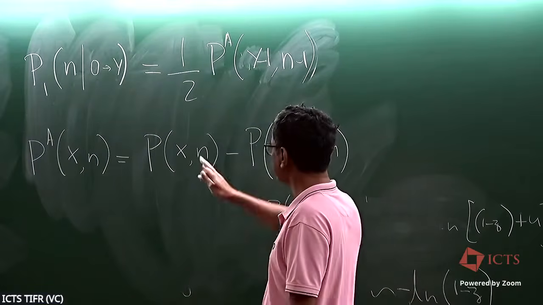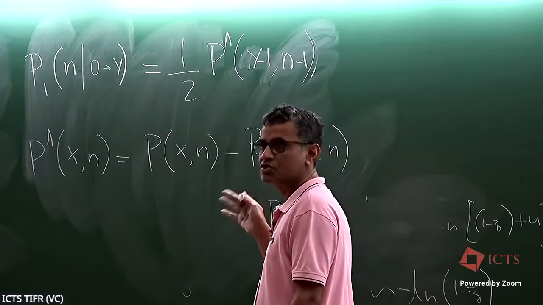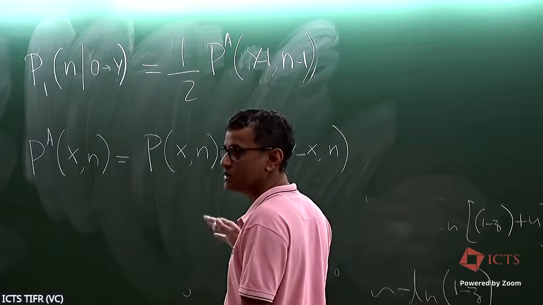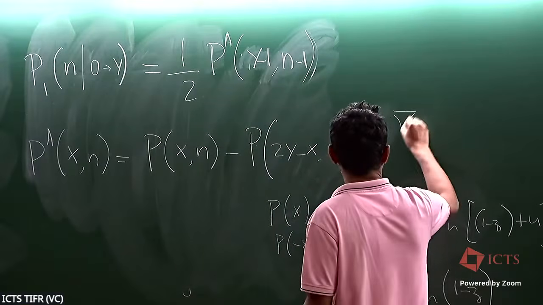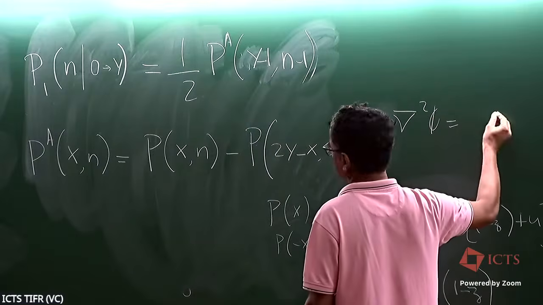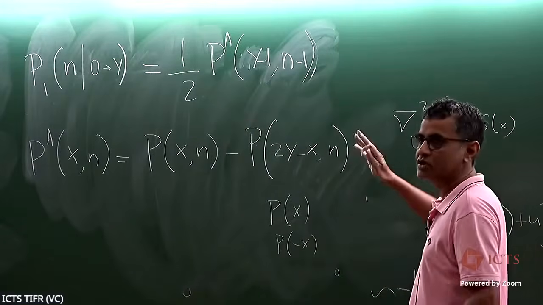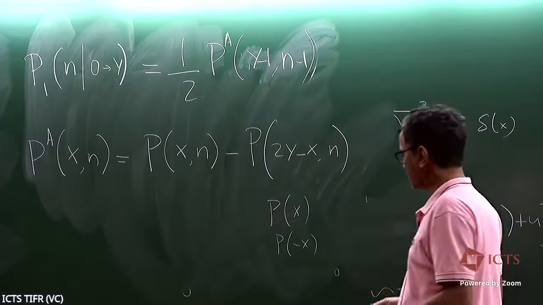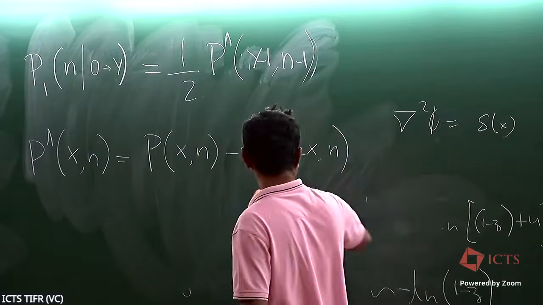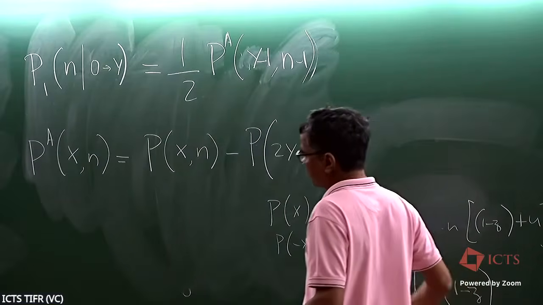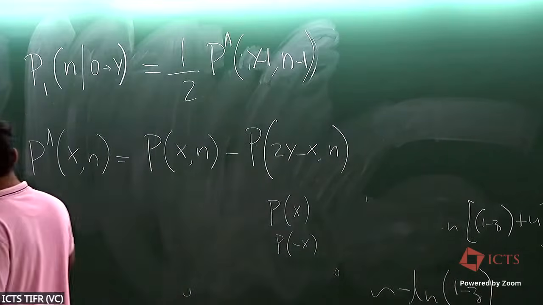Both are independent solutions and I'm adding them, so it should also be a solution. This is just like solving some electrostatics problem, del squared phi equals something. If we know two solutions, we can add them and they are still solutions. Then we have to check whether the boundary condition and the initial condition are satisfied.